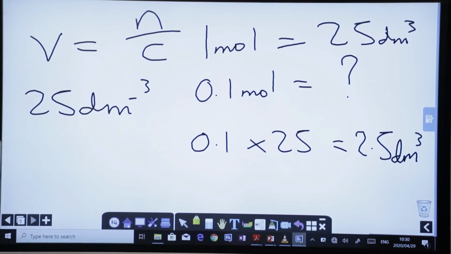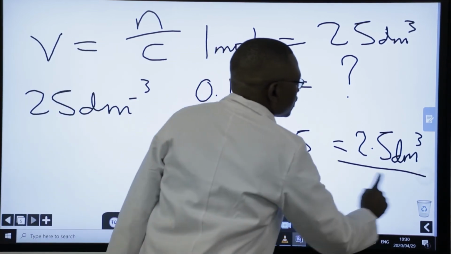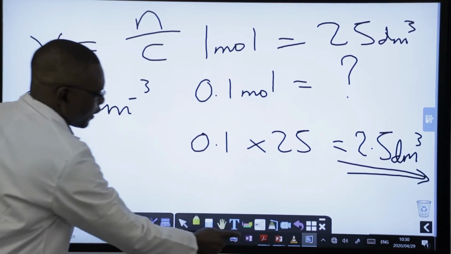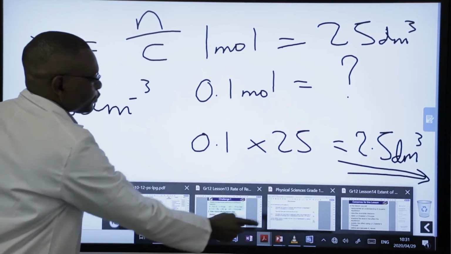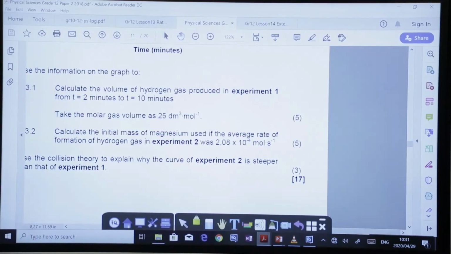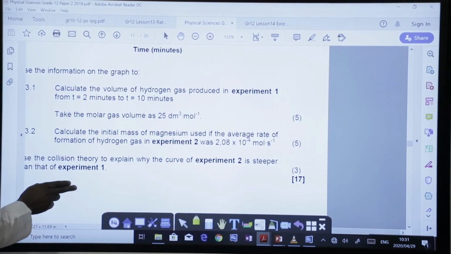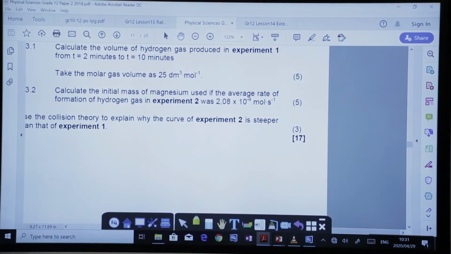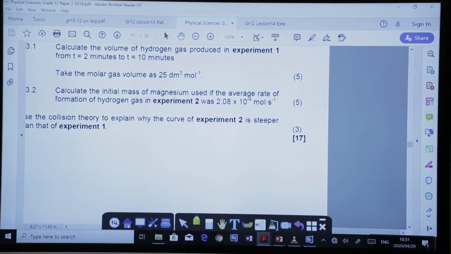Okay, so this will be your answer given this information we are working with. Okay, right. So for 5 marks, you get that. So the next part is asking you to calculate the initial mass of magnesium used in the average rate of formation of hydrogen gas.